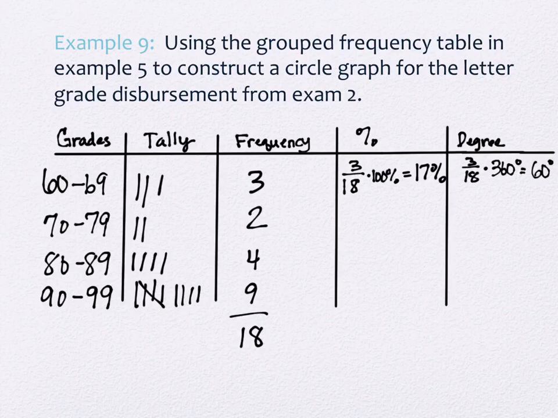We're going to do the same thing with 2. So we have 2 over 18 times 100. What does that give you?